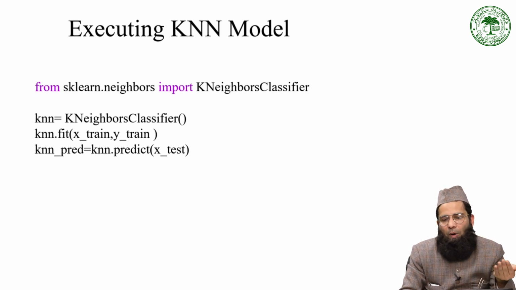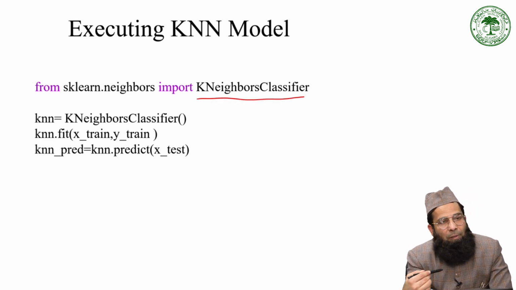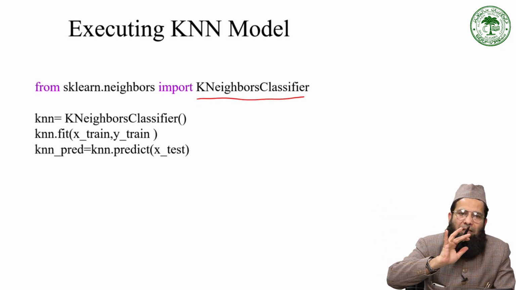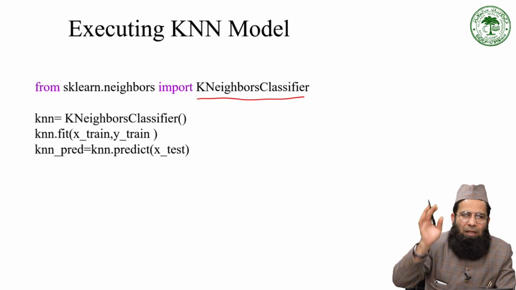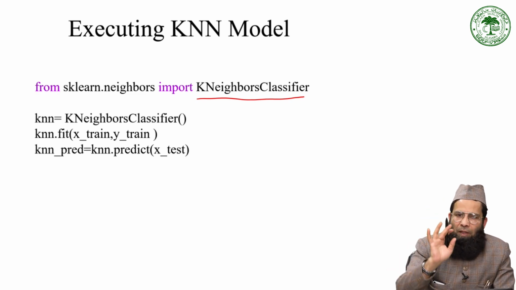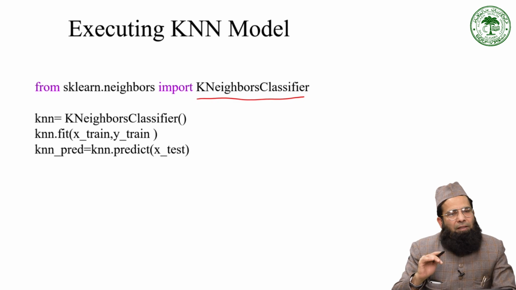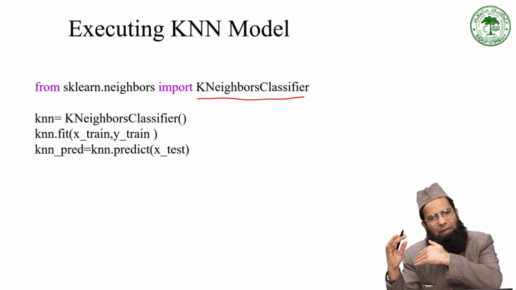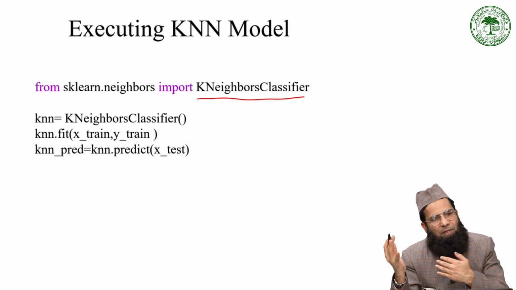So how to execute different models? Suppose you are interested in KNN. We'll discuss KNN and then linear regression and so on in separate classes, when we will be discussing the machine learning models. This class is specific to Sklearn, where I want to show that Sklearn has support for different stages of a data science project.